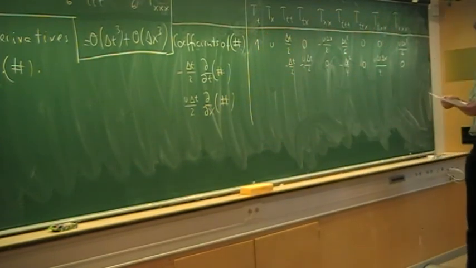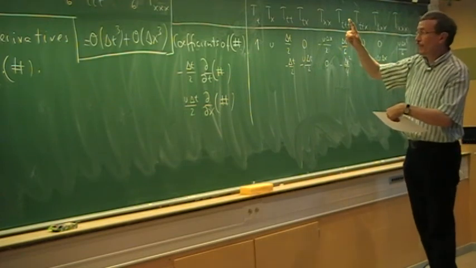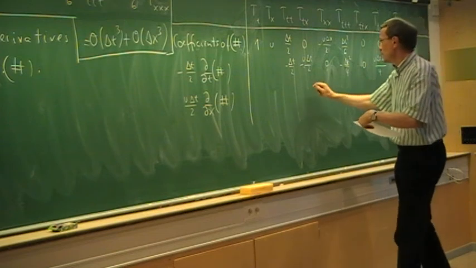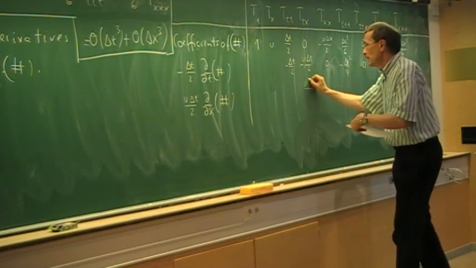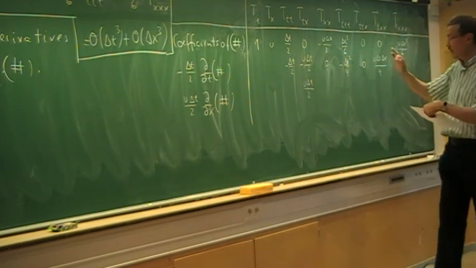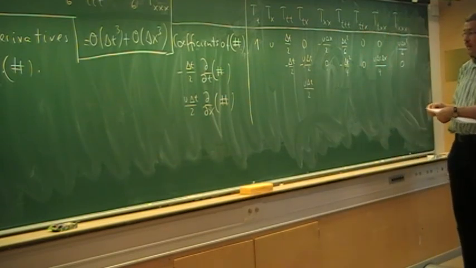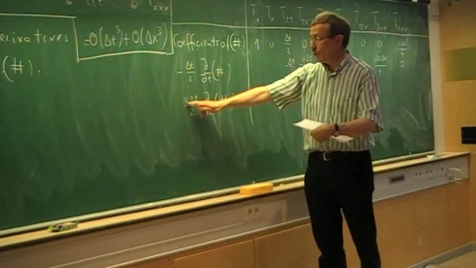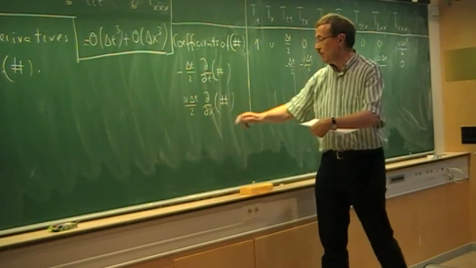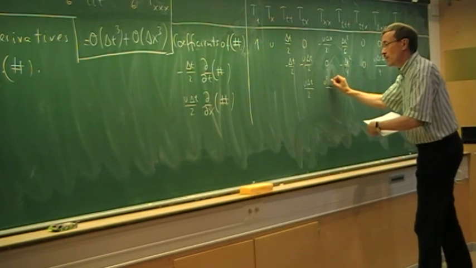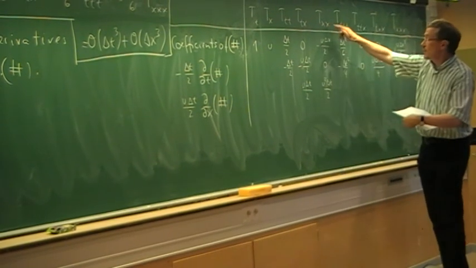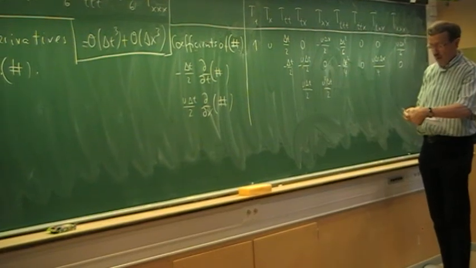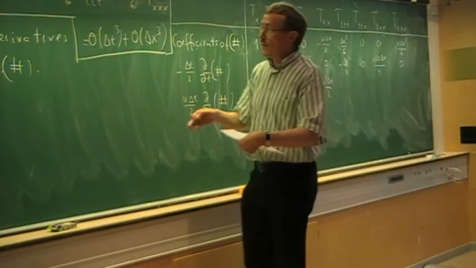If we do that, we get the x derivative, and with the right coefficient, u delta t half, the sum will vanish, so that was the purpose. And now we get another second derivative operating on u, so we get a u squared, positive, u squared delta t half times the second space derivative. So that was taken into account.